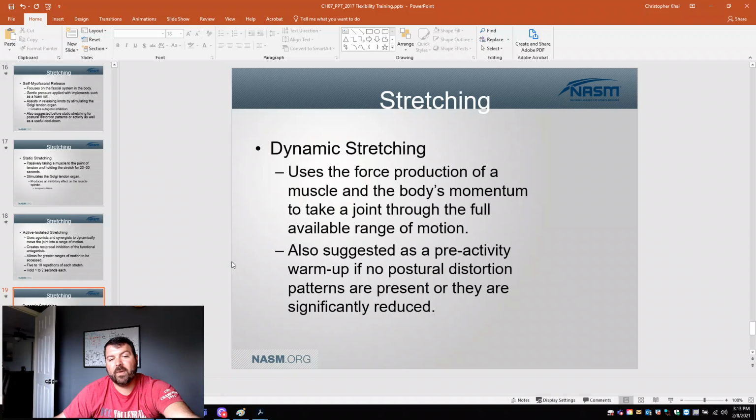The dynamic warm-up is more of an active warm-up. Back in the day, even when I played football in high school, it was all static stretching. But now the most efficient way to do a warm-up is through dynamic stretching. And that's the skips, the jumps, the karaoke, all of those.